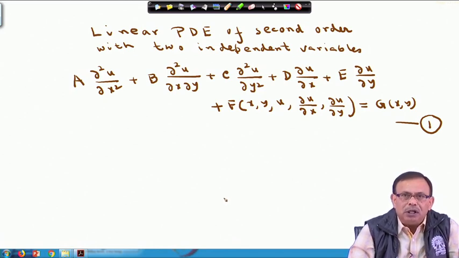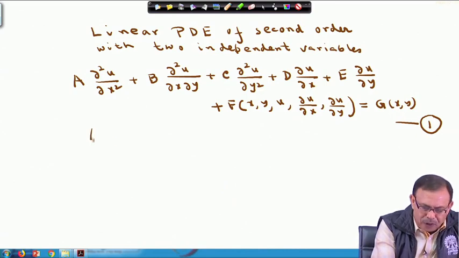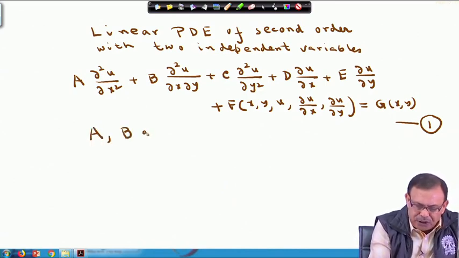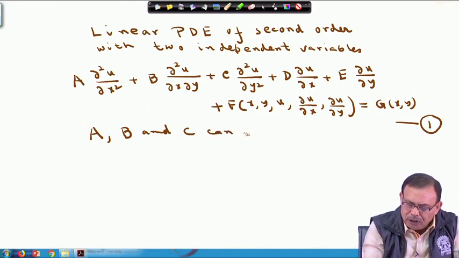Effectively, it is given that u is a function of two independent variables, and for a second order linear PDE with two independent variables the general form is a ∂²u/∂x² plus b ∂²u/∂x∂y plus c ∂²u/∂y² plus d ∂u/∂x plus e ∂u/∂y plus a function of x, y, u, ∂u/∂x, ∂u/∂y, equals g of x, y, where obviously a, b and c cannot all be 0.